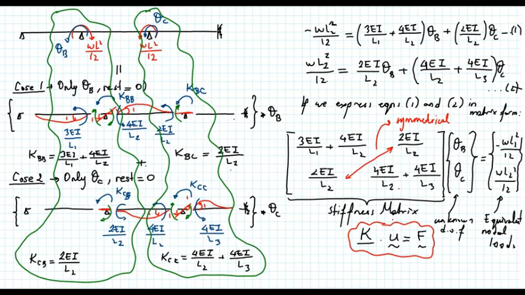And also, remember that the physical meaning of the diagonal members, these two, is the moment required to create a unit rotation or the force required to create a unit translation. So this can never be negative, and cannot be zero. So it has to be positive all the time.